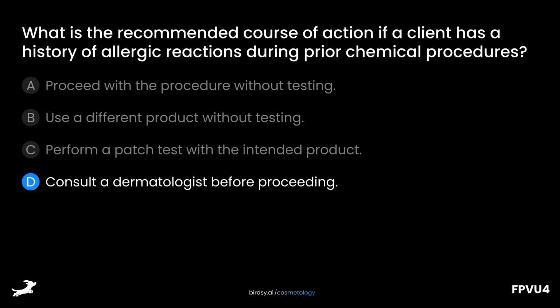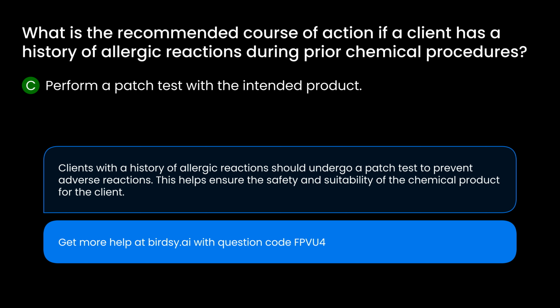Or D, consult a dermatologist before proceeding? The answer is C, perform a patch test with the intended product. Clients with a history of allergic reactions should undergo a patch test to prevent adverse reactions. This helps ensure the safety and suitability of the chemical product for the client.